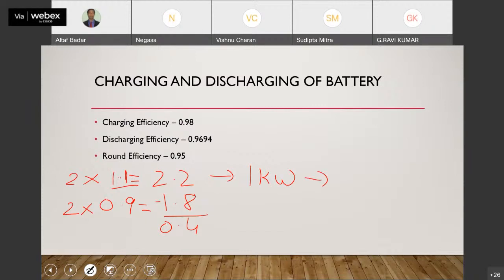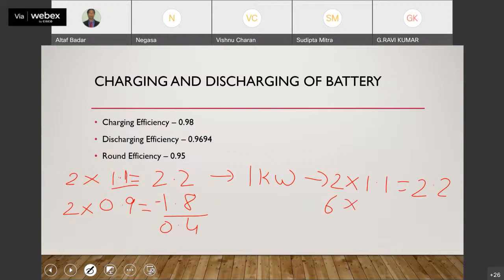when I charge the battery, let us say the tariff was 2 rupees. So I pay 2 into 1.1, which is 2.2 rupees to charge the battery. But when I discharge the battery in the evening, and I'll again repeat, I'm discharging the battery in the evening, the cost of the units at that time was 6 rupees.